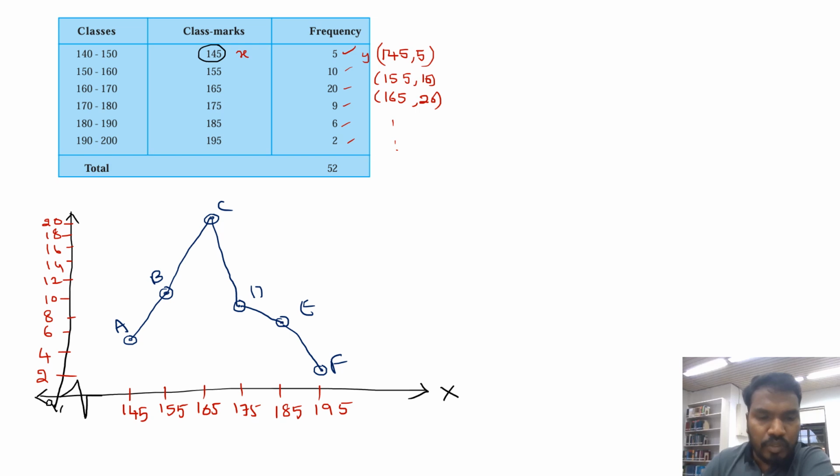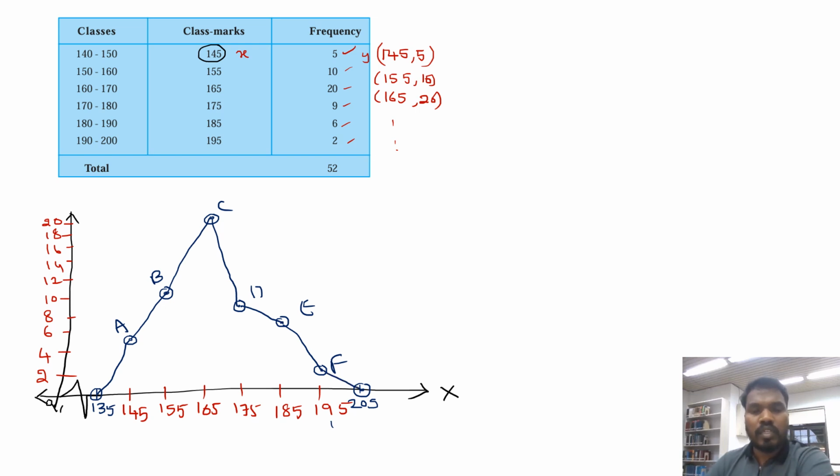For that, what I need to do: here it is 145, you just take the one before 145. How much would it be? It would be 135. And then you take the one after, 195 plus 10, so how much? 205, right? Now these class marks should have the frequency 0, so connect this, connect this also.